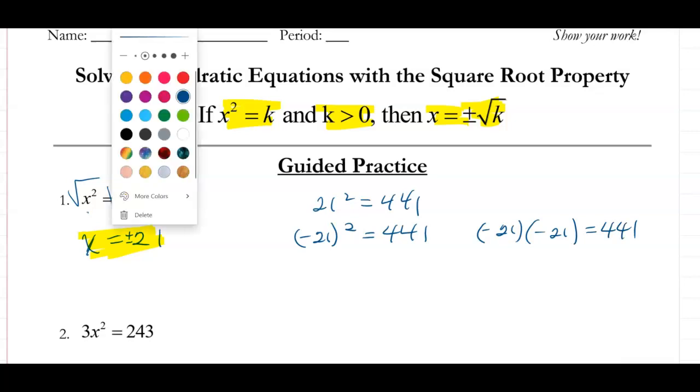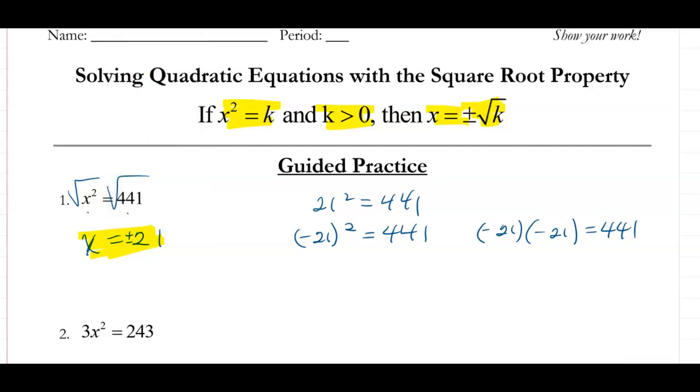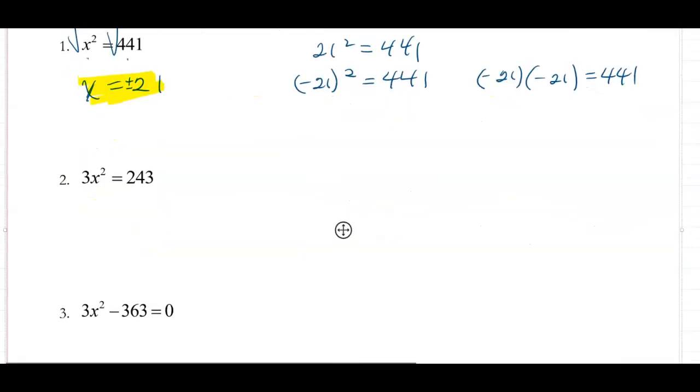So let's move on to the next. This time we have 3x squared equals 243. And the first thing we want to do is isolate the x squared.